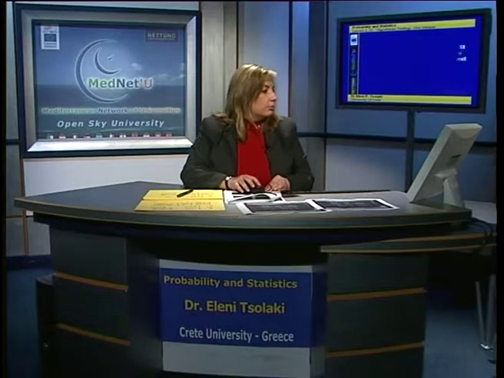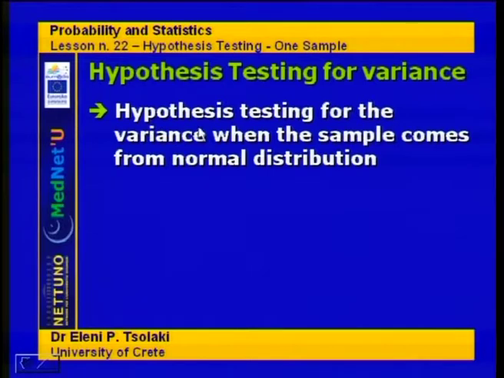Now, what happens with the variance? We want to test the hypothesis that the variance comes from a population with a specific value when the sample comes from a normal distribution.